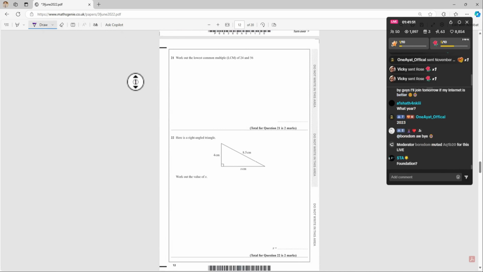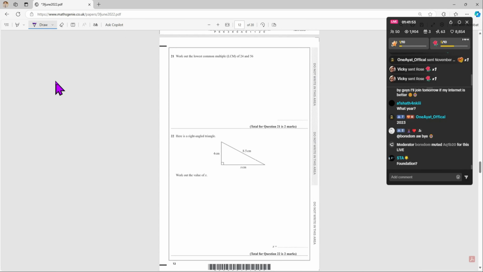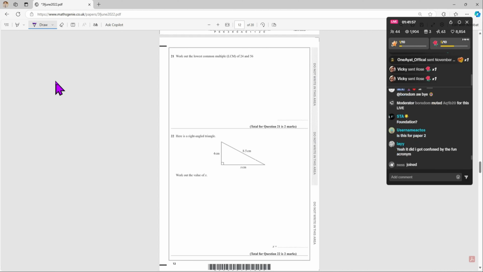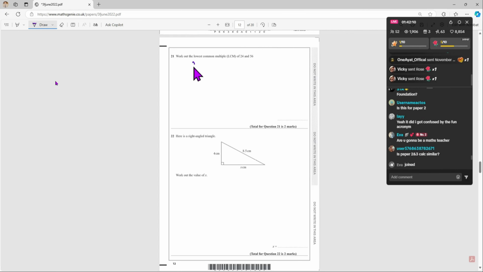So let's move on to question number 21. This is foundation, guys. Paper-free calculator. So we need to work out the lowest common multiple, LCM, of 24 and 56. What we're going to do is break down 24 as its prime factors.